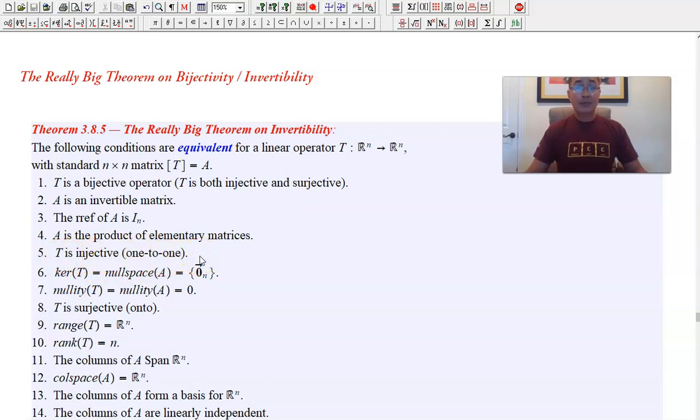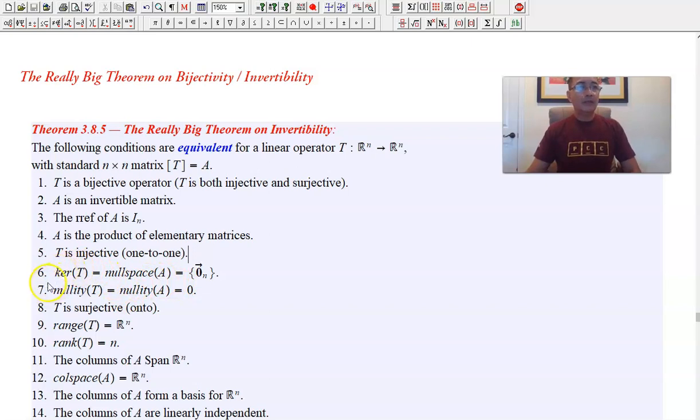I hope you remember, we also had a 2-for-1 theorem. So it said that T is injective if and only if T is also onto, because of the dimension theorem. If T is injective, the nullity is 0, so the rank has to be n, which means that T is onto. Aha!